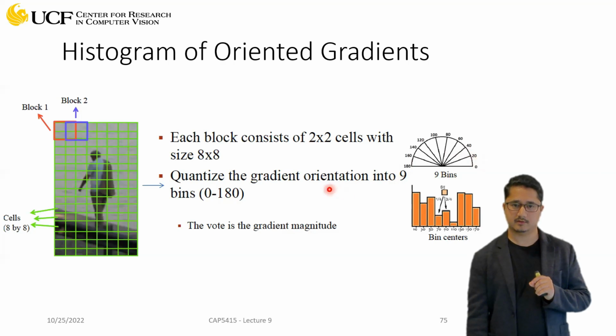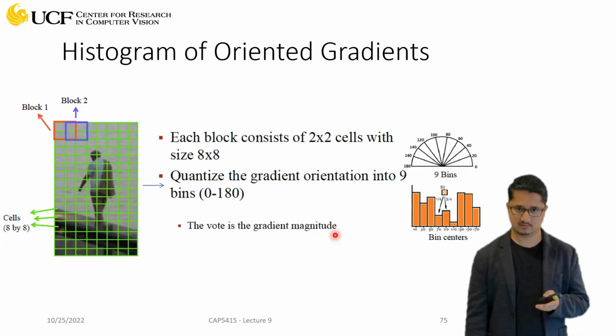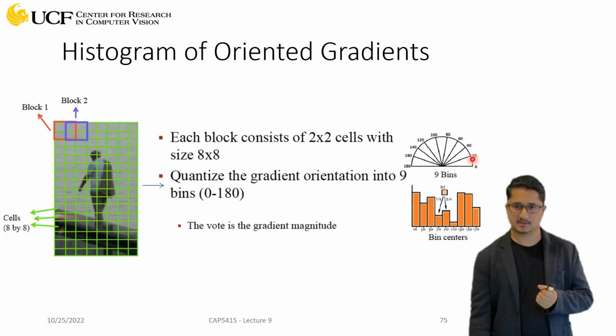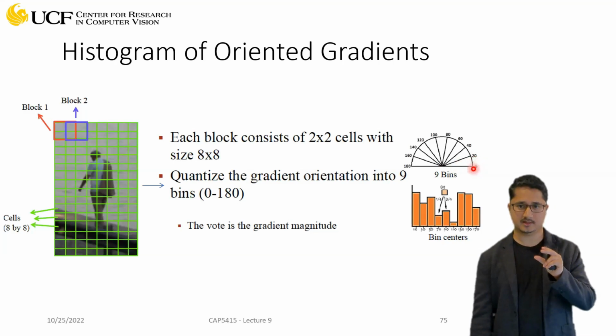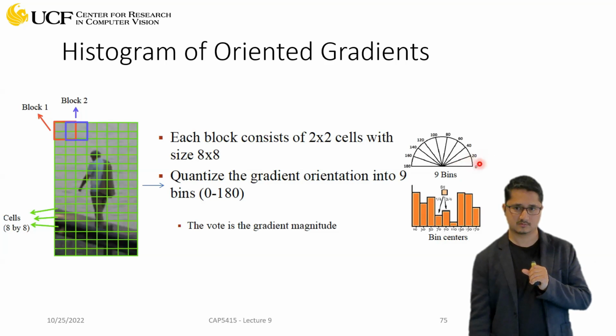Let's say you have 1 pixel which has an orientation of 15 degrees, and let's say the magnitude was 10. You will see that 15 is falling in this particular bin. Actually, forget about 15. Let's say the orientation is 10 degrees. It's a special case because 10 is exactly at the center of this bin, right?